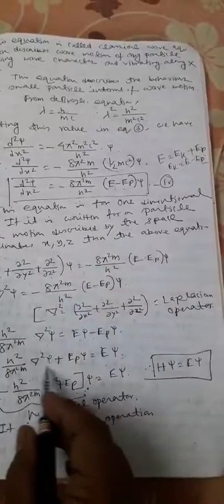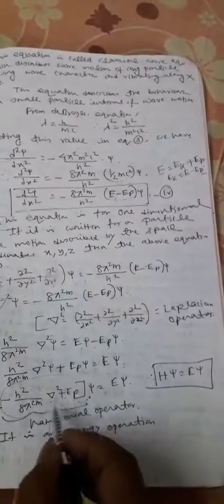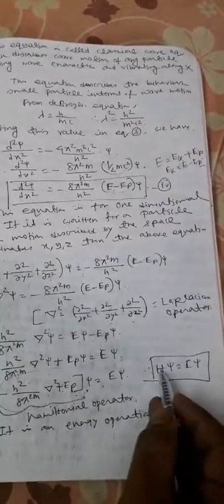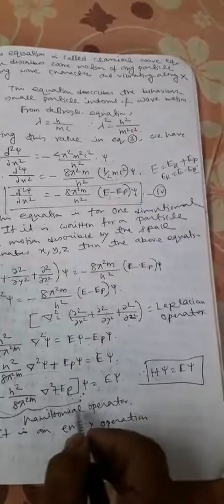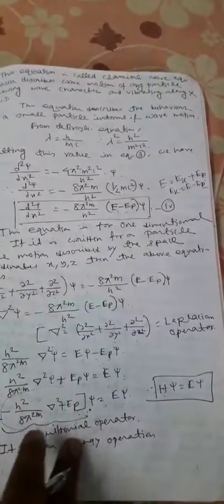Now this minus h square by 8 pi square m del 2 plus ep is denoted by capital H, and this H is called the Hamiltonian operator, and this Hamiltonian operator is an energy operator. And now from this equation, H psi equal to E psi. Now this is the Schrodinger wave equation in one dimensional motion.